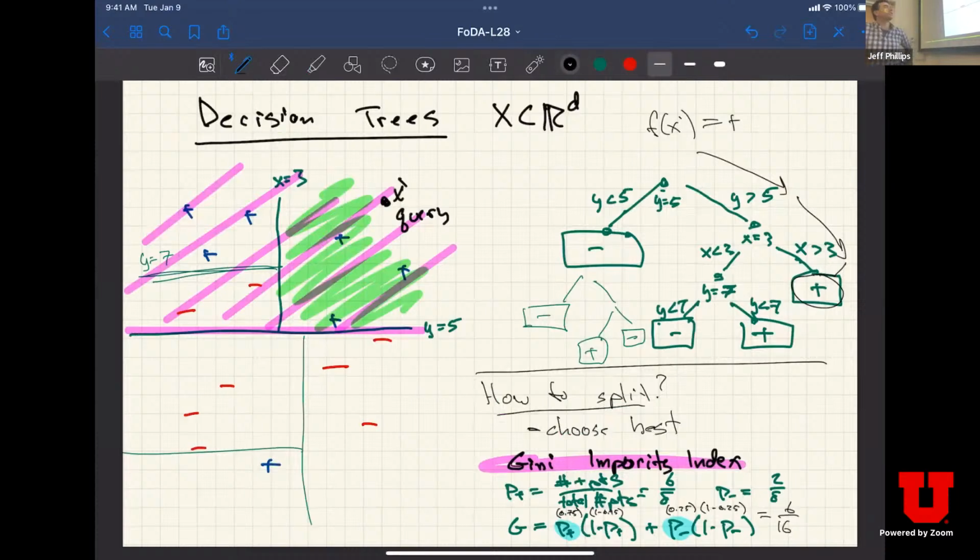I want to choose splits so that the average score of the Gini impurity index is as small as possible across both of the halves. This is probably the most common way to choose the splits: compute this measure and then pick the split that minimizes it.